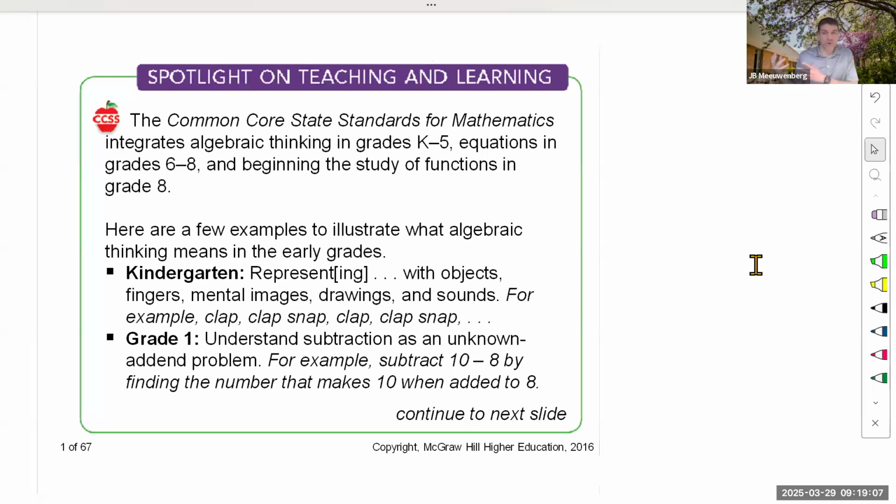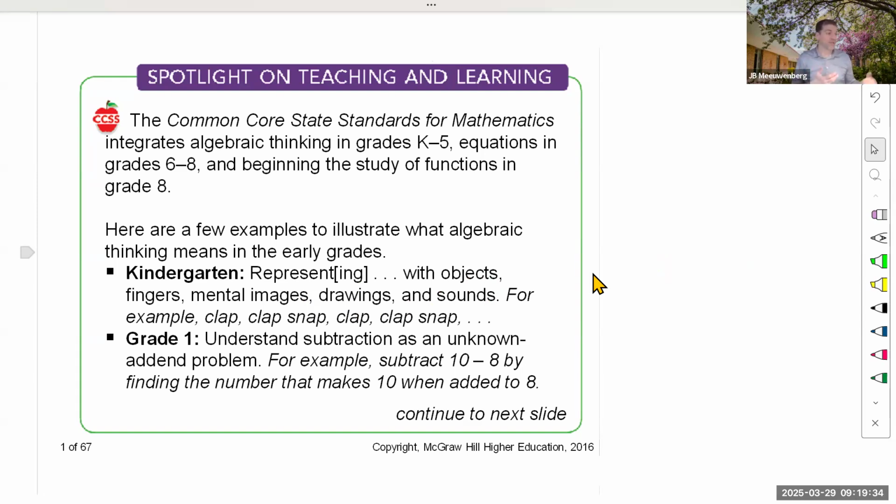And the origins of algebra didn't involve any X's and Y's. It was all written out in language. And so in kindergarten, even, students start to develop the skills of algebraic thinking. Again, as you can see there, clap, clap, snap, using objects, fingers, mental images, drawing, sounds, all sorts of different things to represent mathematical ideas.